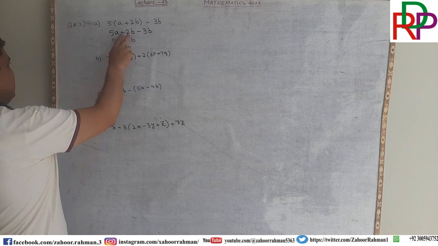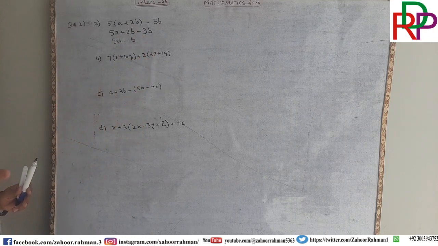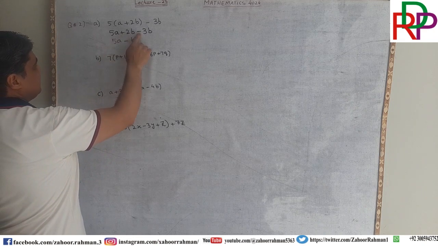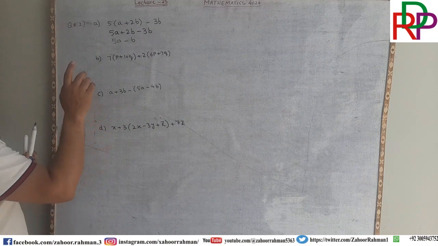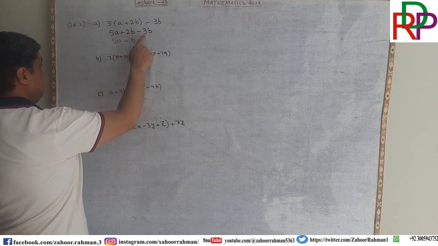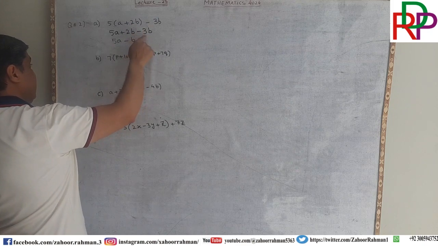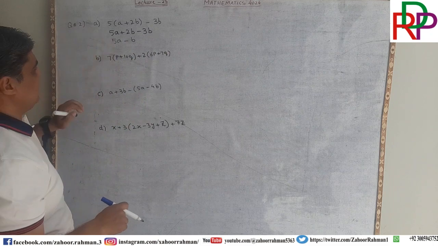Because plus 3b and minus 3b, I remind you the concept that if there are two different symbols in the addition or subtraction, subtract the smaller number from the larger number and put the symbol of the larger number. In this case 3 is the larger number. So this is the answer.